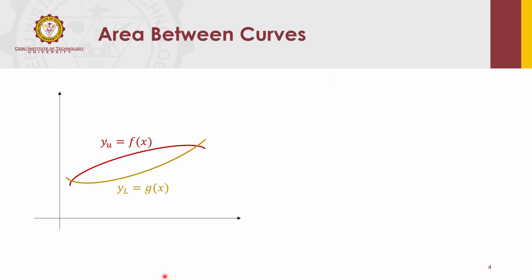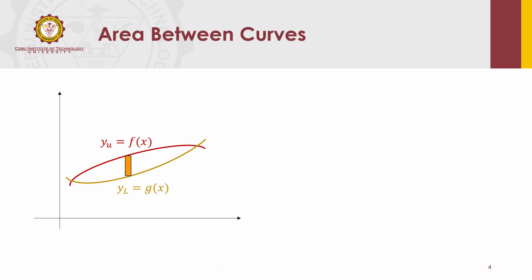For the other one, we'll use L for lower, which is also a function of x. To get this area bounded by the two curves, we're going to draw vertical strips. To represent those strips, we can draw one and get its length and multiply it later with dx, which is the width of the vertical strip.